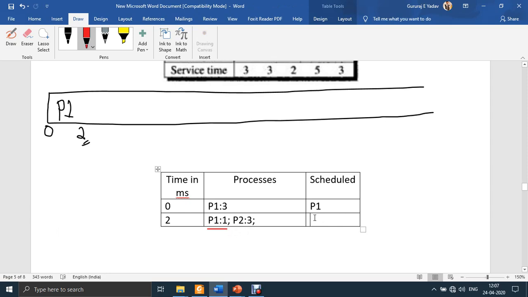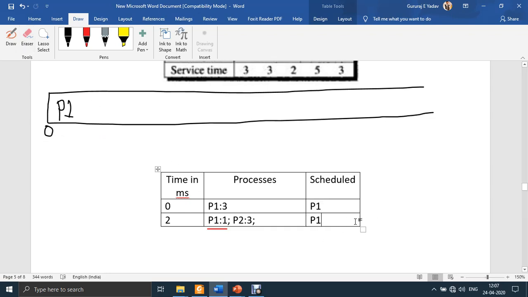So again, P1 will be given the chance to execute, or you can say P1 continues, because P1 was scheduled previously, and since you are scheduling P1 once again, P1 continues its execution. So till when?